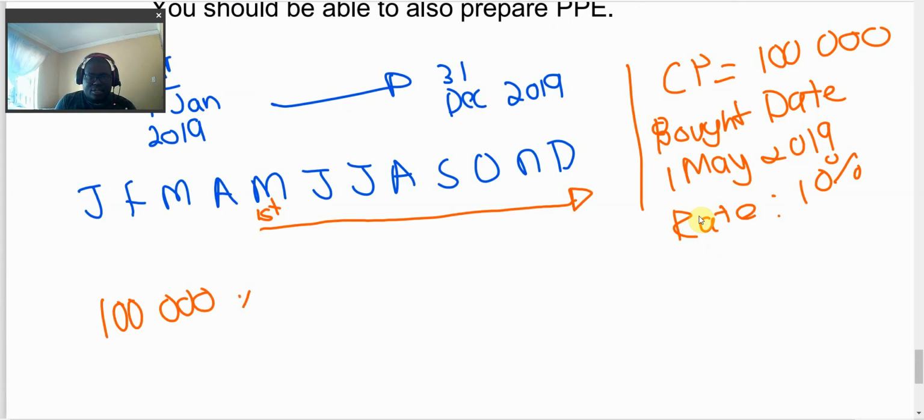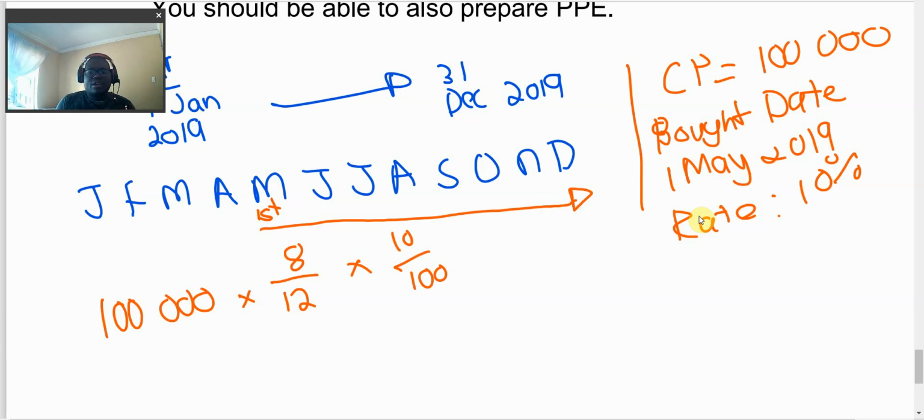So we're going to say multiply by those particular months that this thing has to be depreciated for. So it's from May, June, July, August, September, October, November, December. So it is 8/12. Then you multiply by 10/100 because the rate of depreciation is 10%.